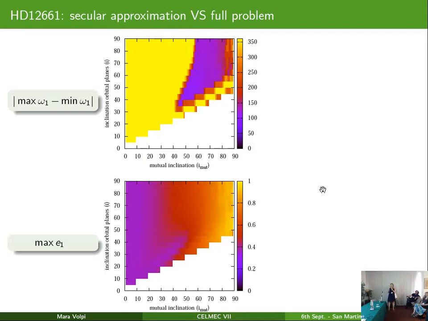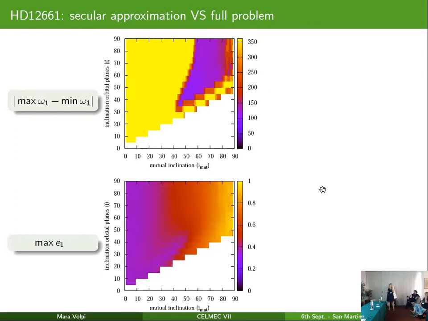It is not a chaos indicator per se, by any means, but it has been proven in the past that very low values of this parameter correspond to stable orbits, and very high values of this parameter correspond to chaotic orbits. So it was a sort of partial check of our results.